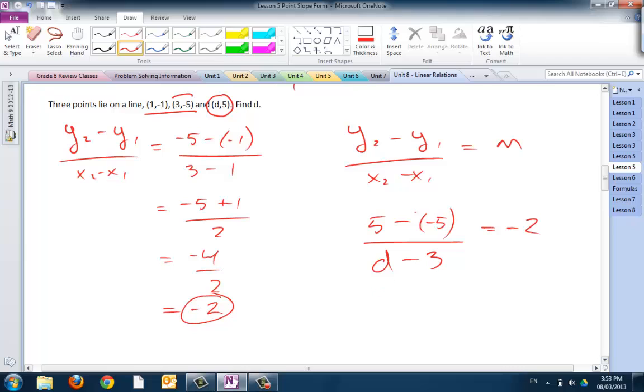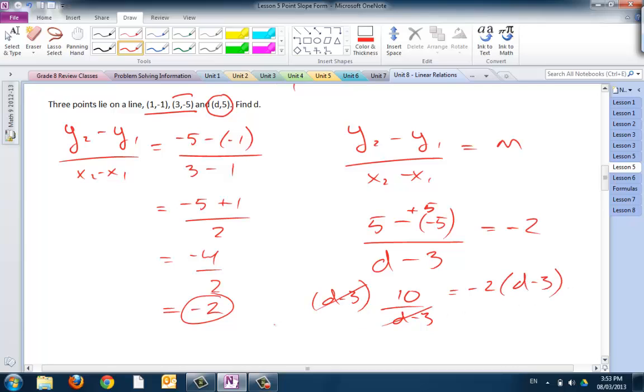And I get this being a plus 5 because I'm minus minus 5. Oops, pardon me. Wow, I'm just writing things wrong today. That's going to be a plus 5, which of course gives me 10 over d minus 3 is equal to negative 2. I multiply both sides by that d minus 3.